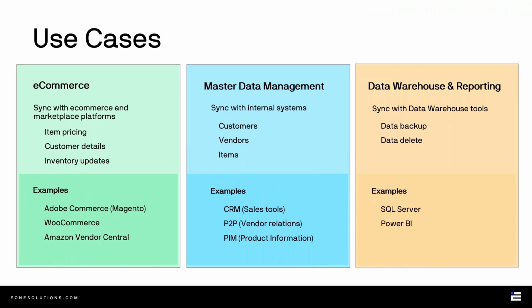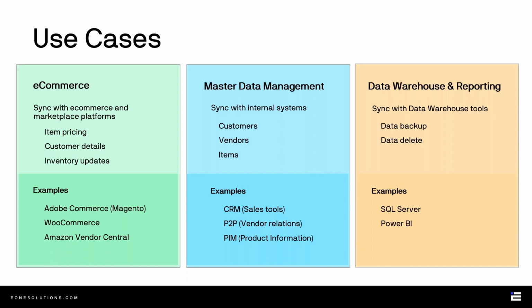So here are 3 categories that we hear about as really common scenarios using change tracking. So e-commerce. When you're trying to integrate a web shop or a marketplace with your ERP, you may have a large product catalog.